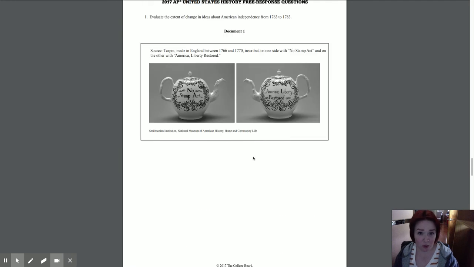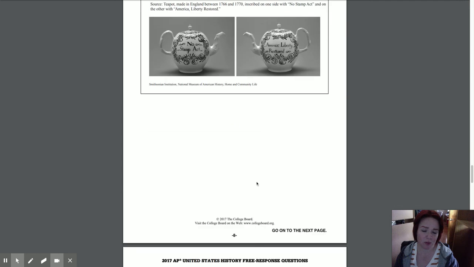Now, again, worthy of noting, because you need a complex thesis and not just, yes, it was a clear line, everybody started at one point and ended at the same point. We know from living in the United States that that just doesn't happen, that there are varying opinions, and there always will be.